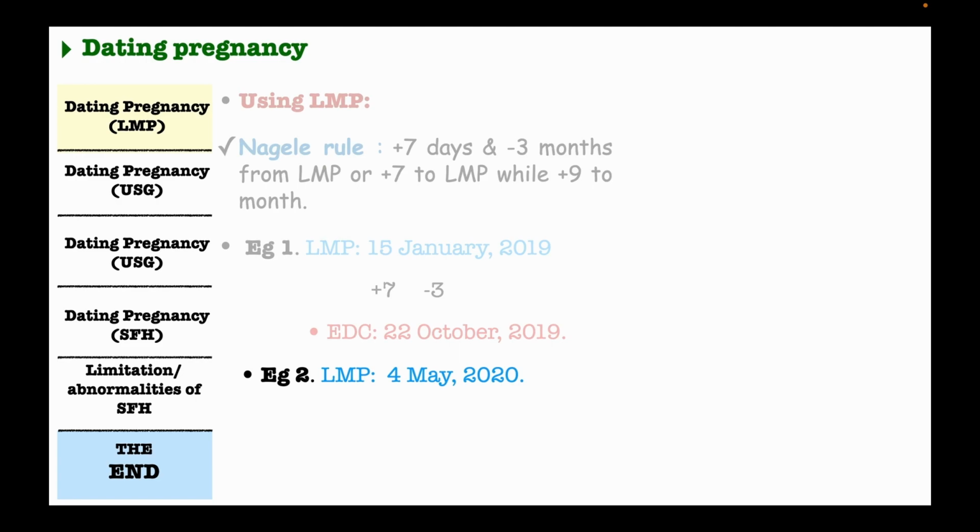Now, if the woman comes with an LMP of 4th May 2020, we are going to add 7 days to 4 and we are going to subtract 3 months from May. And so we are going to get plus 7 minus 3 and we are going to get 11 February 2021. Now, let's pay attention over here.